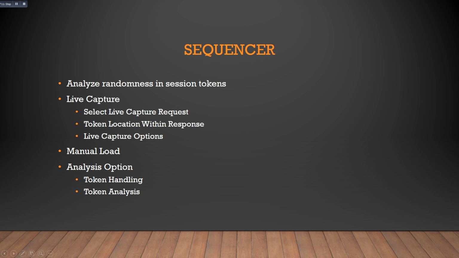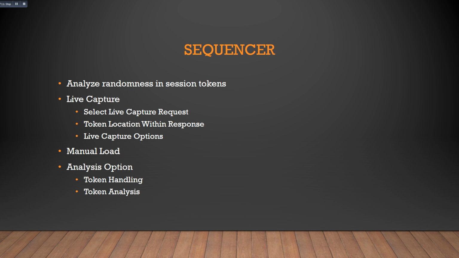Sequencer. Sequencer is used to analyze randomness in session tokens. We have options of live capture, where we can select live capture requests. We can do token location within the response. We can also do live capture options.